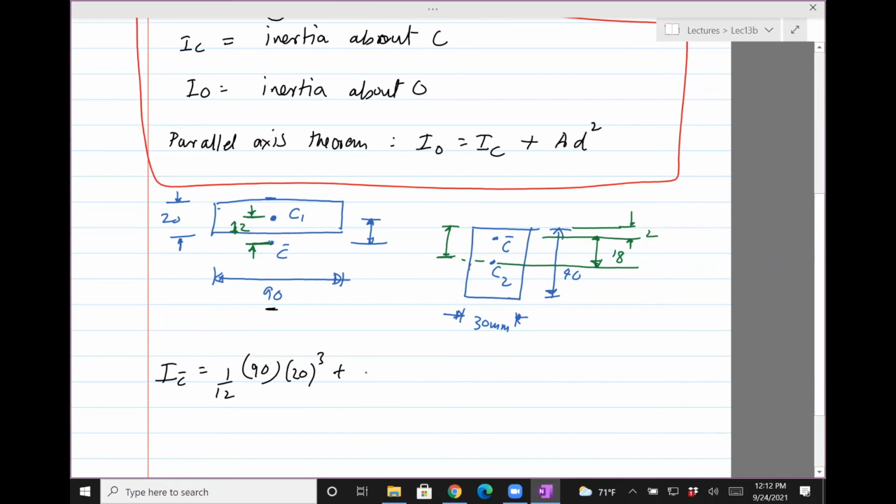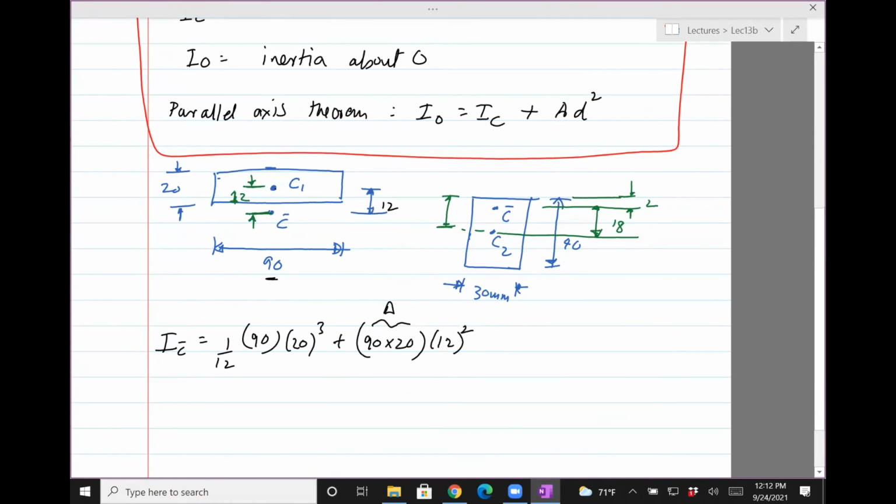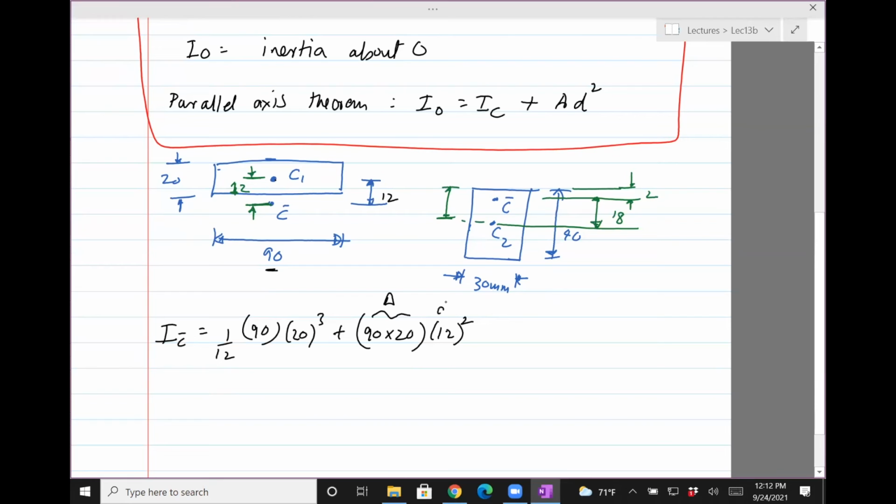So the area is 90 times 20. And then the distance from C bar to C1, which is 12. So 12 squared, the D squared. This is the first piece for the top part.